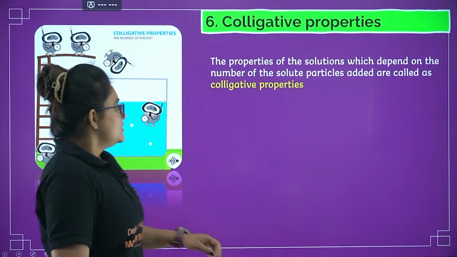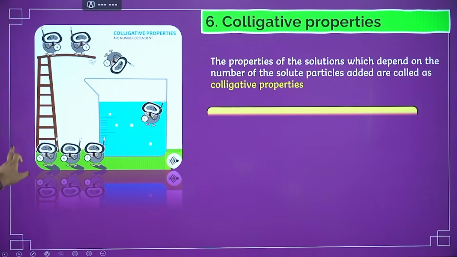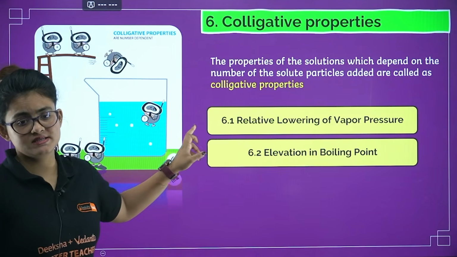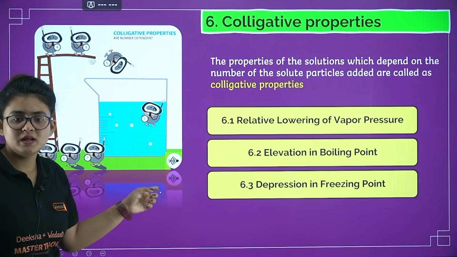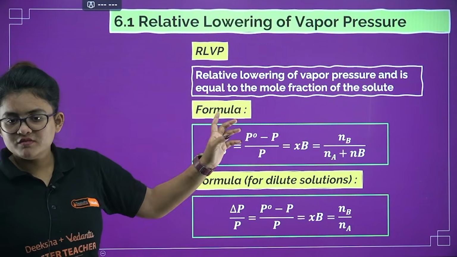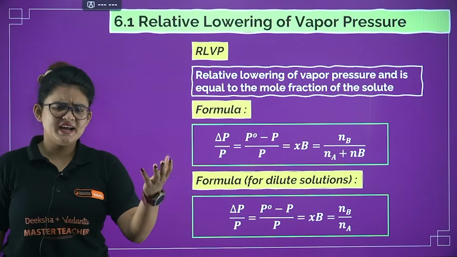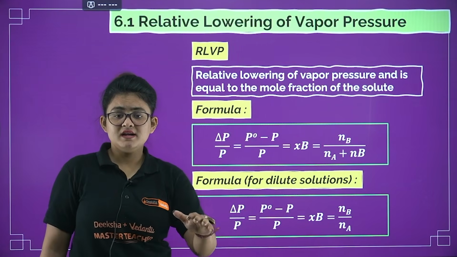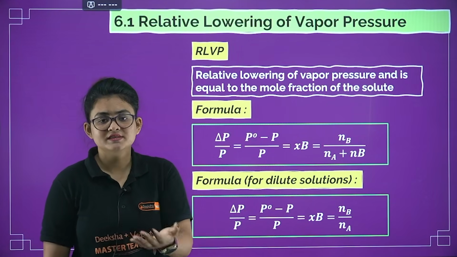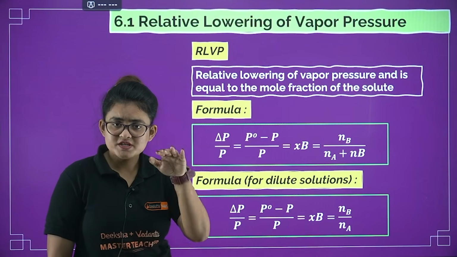Okay, let's proceed one by one. First is relative lowering of vapor pressure, next is elevation of boiling point, depression of freezing point, and osmosis. RLVP, relative lowering of vapor pressure. I already told you that if the surface area is blocked by the non-volatile solute, then the vapor pressure will decrease.